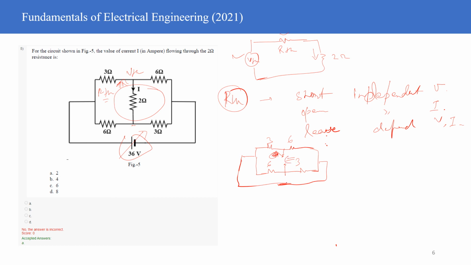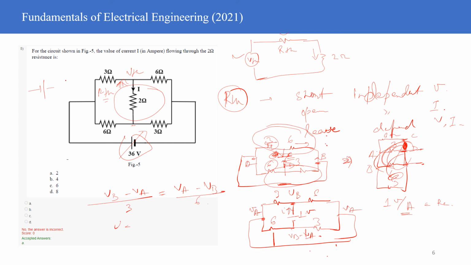So it's very evident that these two circuits are coming in parallel, and it's now very easy to figure things out, right? So this circuit can be further reduced. 6 and 3 are coming in parallel, and from here 6 and 3 are coming in parallel, and both of these are connected something like this.